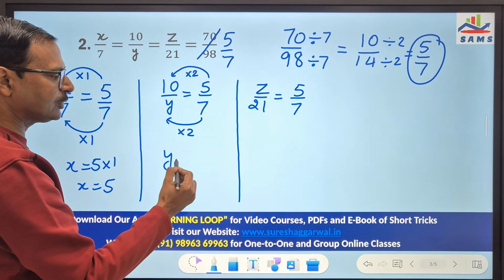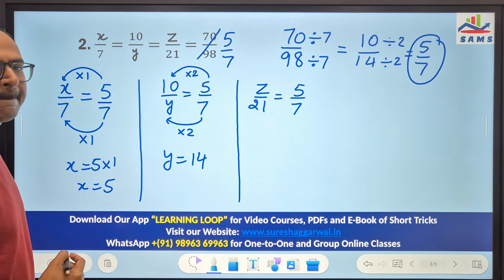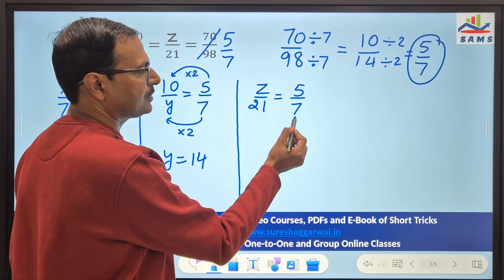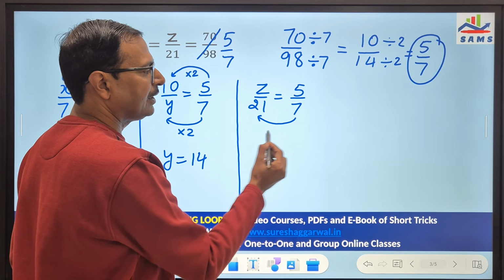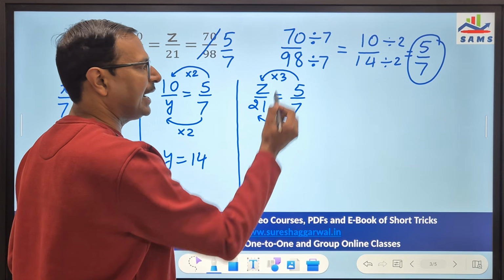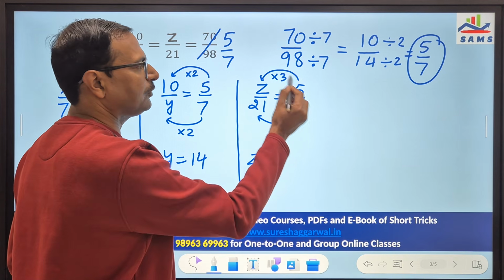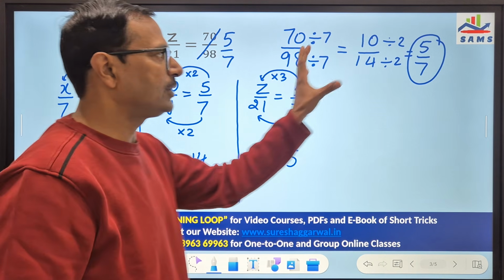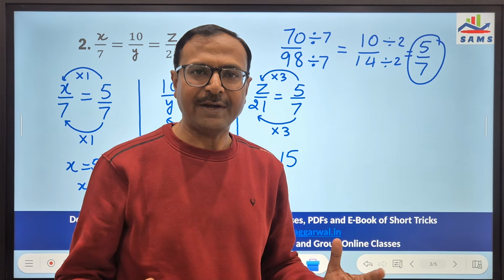You get y is equal to 7 into 2, 14. And likewise, here how did 7 create 21? It is multiplied by 3. So you will multiply like this by 3 and the value of z will be 3 into 5, 15. See how quickly you can get the answers if you know this basic trick of equivalent fractions.